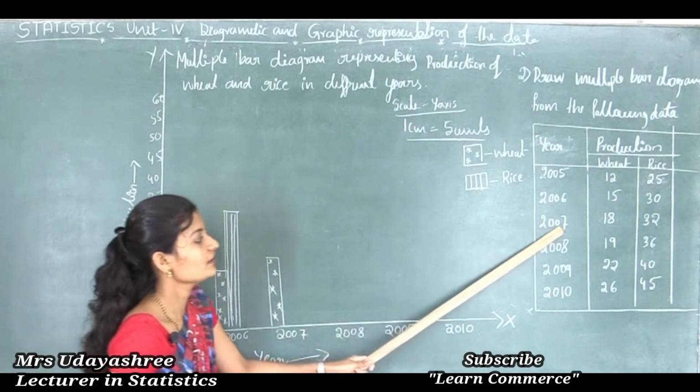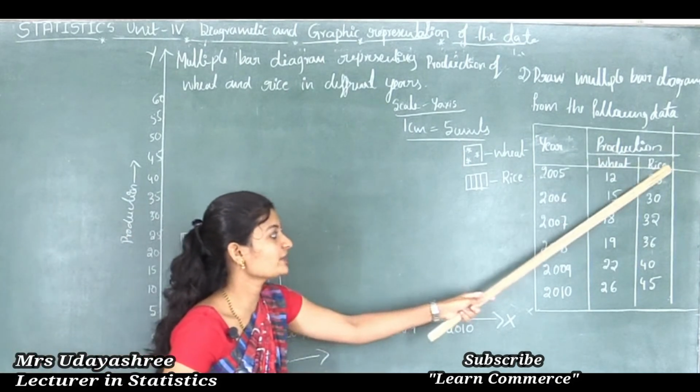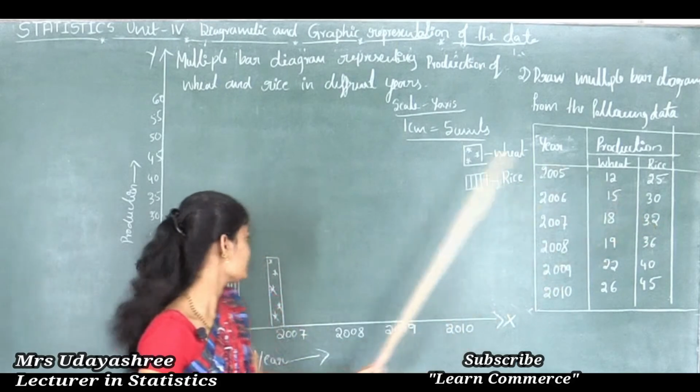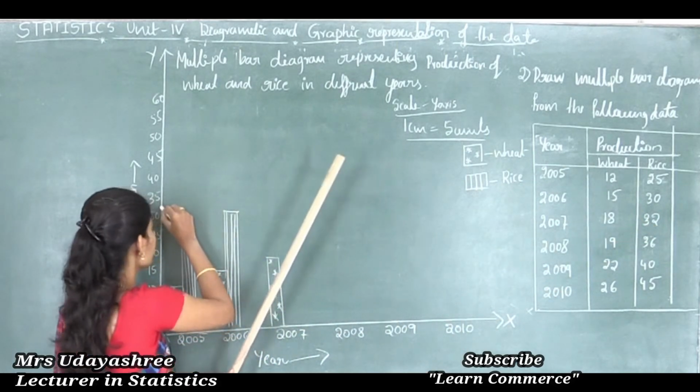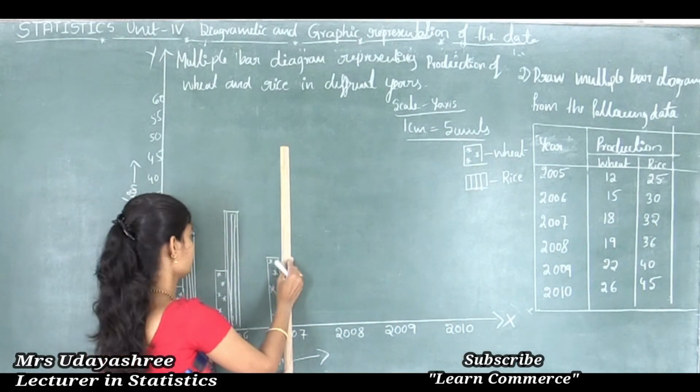Next, in the year 2007, the production of rice was 32 ton. So 30 is here, 32 comes here.